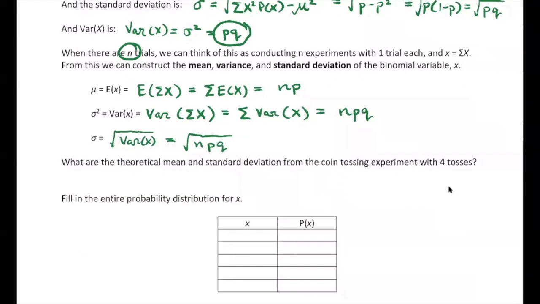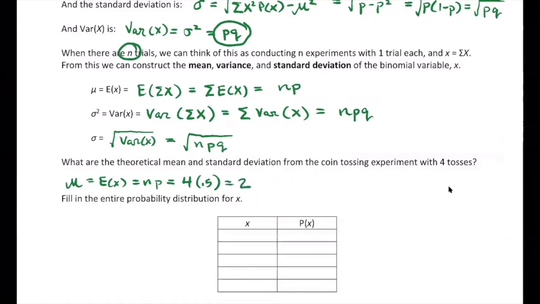So when we do the coin tossing experiment with 4 tosses, the mean is the expected value of X. The formula is just NP. So we tossed 4 coins with a 50% chance of heads. 4 times 0.5 is 2.